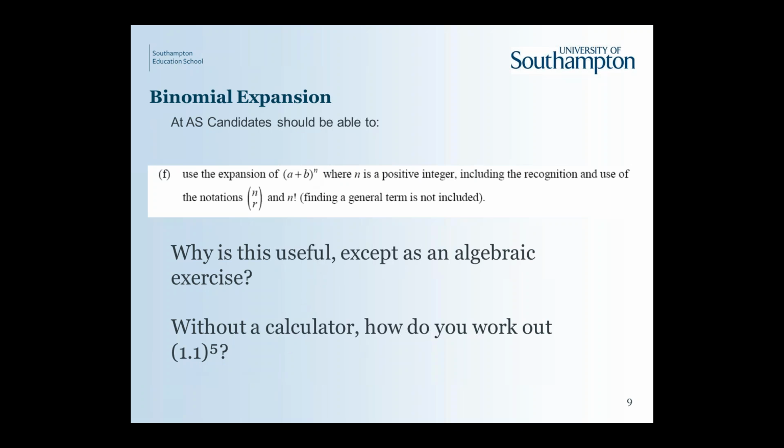But you could also think of it as 1 plus 0.1 to the 5. Then this expansion will help, because when we multiply this out, we end up with a load of things that we can add rather than having to do a lot of multiplication.